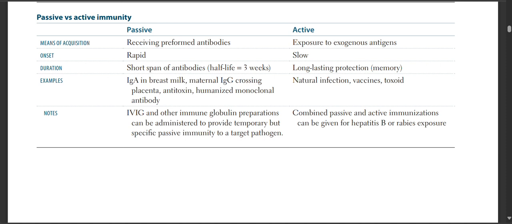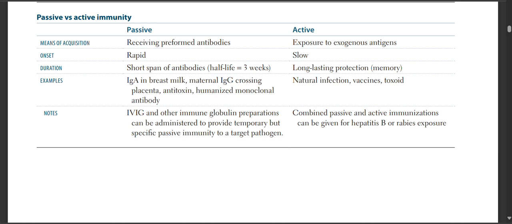So, that's the difference between active and passive immunization. Passive immunization is when you directly give the cure. I'll use an analogy here so it becomes a little easier. A passive immunization is when you directly give the cure to someone.